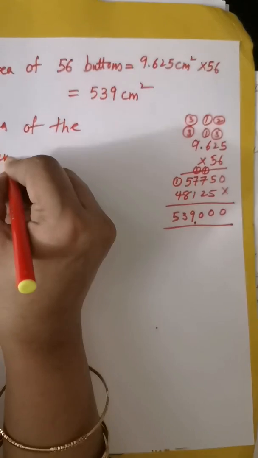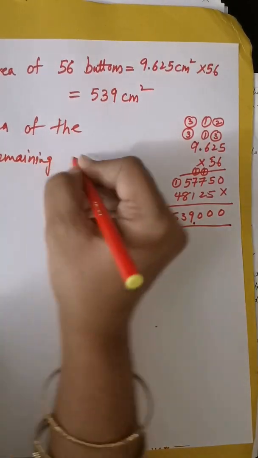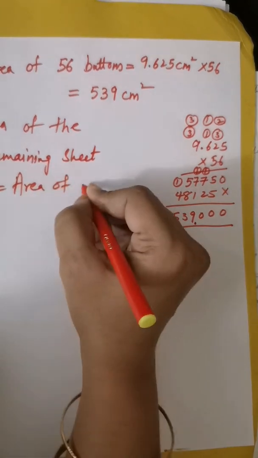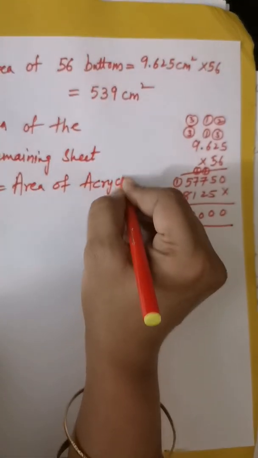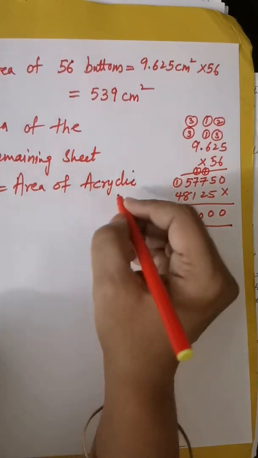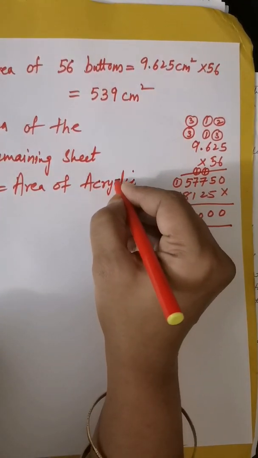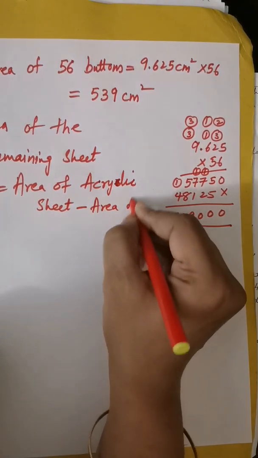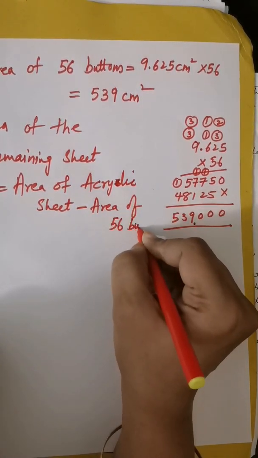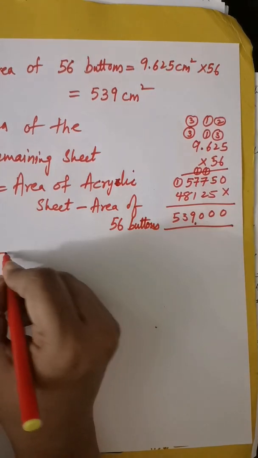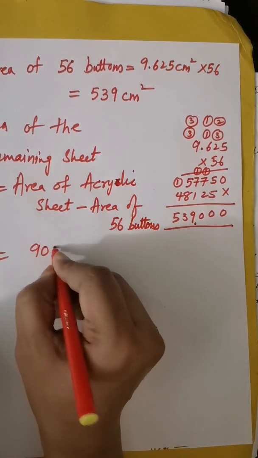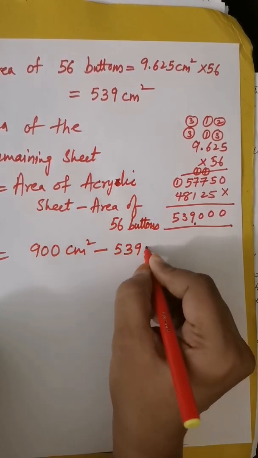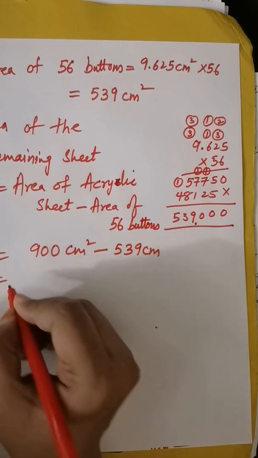Therefore the area of the remaining sheet is equal to area of acrylic sheet minus area of 56 buttons. So 900 centimeter square minus 539 centimeter square.